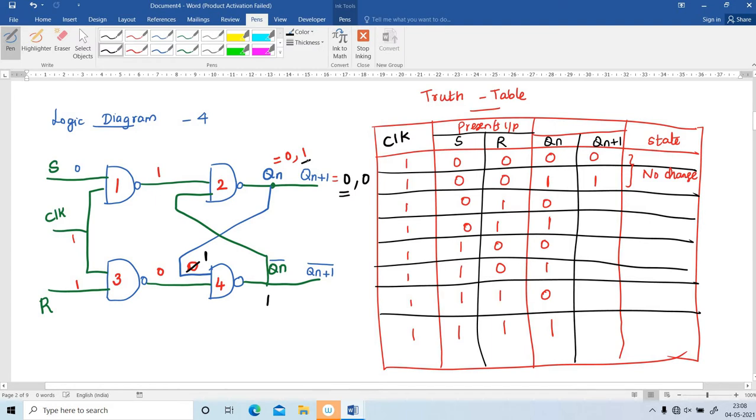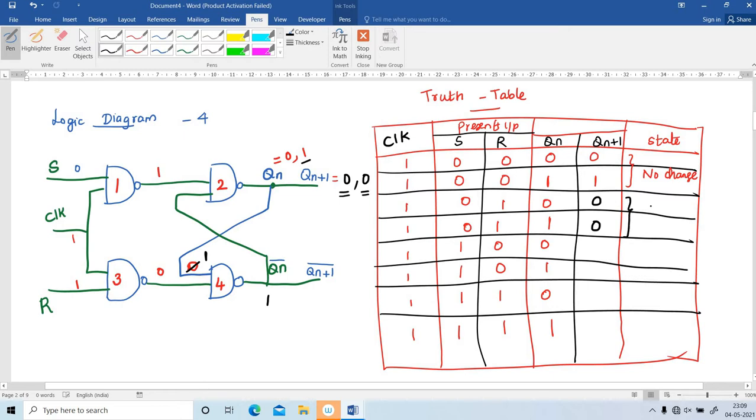Present state is 1, at that time we get the next state is 0. 0 and 0. Irrespective of the present state, we'll get both the next states are 0.